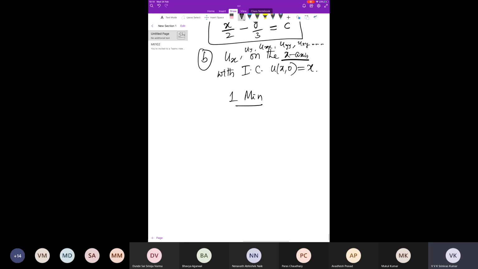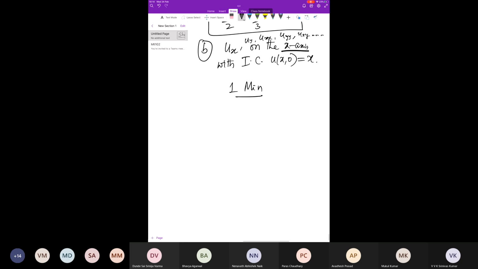So how do we go about it? The first thing given is that on the x-axis, y is equal to 0, u is given.